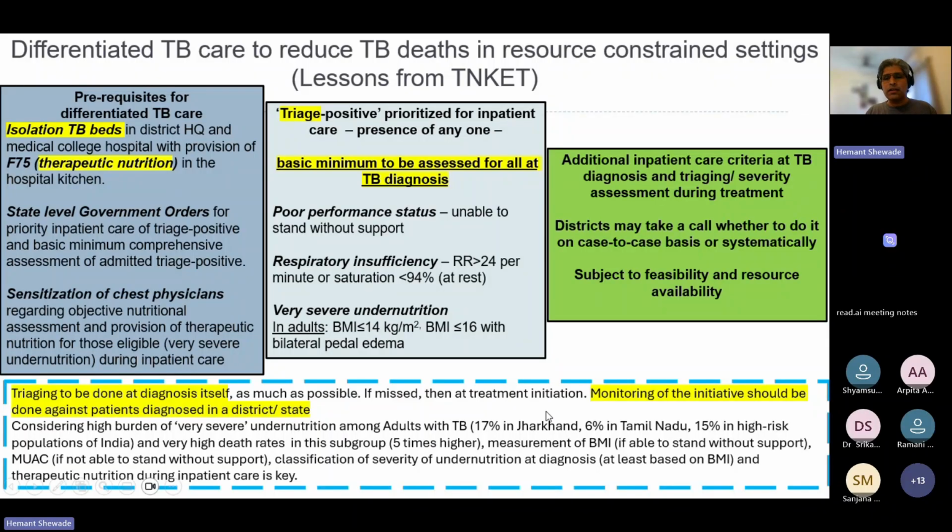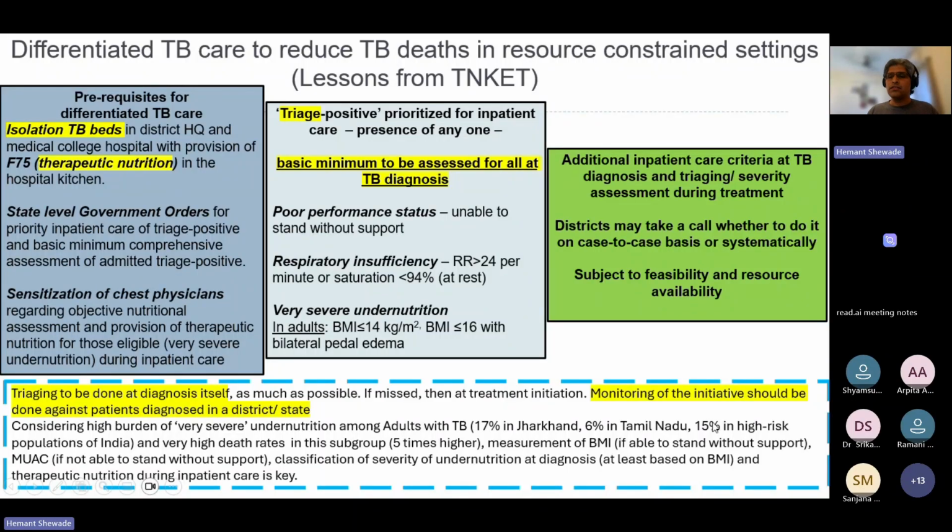Because if you look at the burden of very severe undernutrition, which was 6% in Tamil Nadu, so around 10 to 15% severely ill, triage positive, of which 6% were very severely undernourished. But if you look at Jharkhand, it is 17%. Our recently concluded OR in Chhattisgarh has shown it to be 15%. If you look at TB diagnosed in high-risk populations, just very severe undernutrition is 15%.